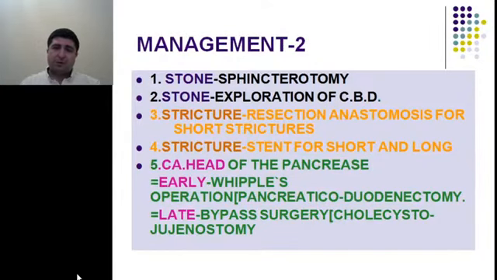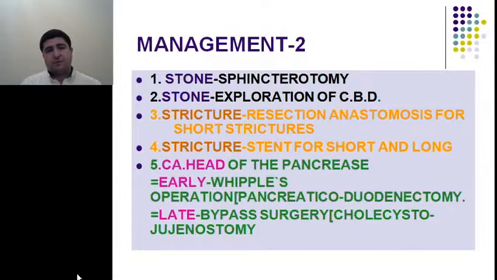So we apply an anastomosis between the common bile duct and duodenum, or common bile duct and jejunum: choledochoduodenal or choledochojejunal anastomosis. So, shunting operations in the common bile duct. For strictures, stenting, short and long.